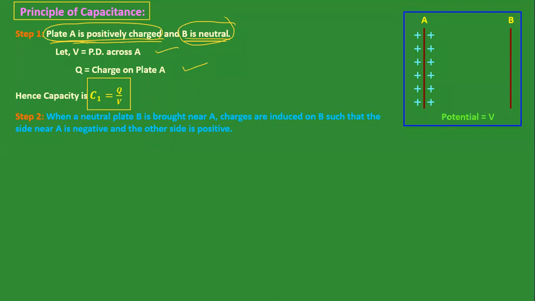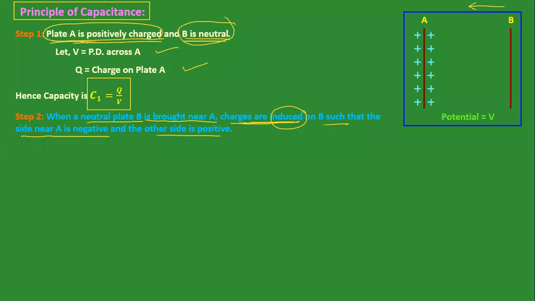Step 2: when this neutral plate B is brought near A, or is moved towards plate A, charges are induced. Basically this plate B is uncharged, but as we move it towards plate A, charges are induced on B such that the side near A is negative and the other side is positive.